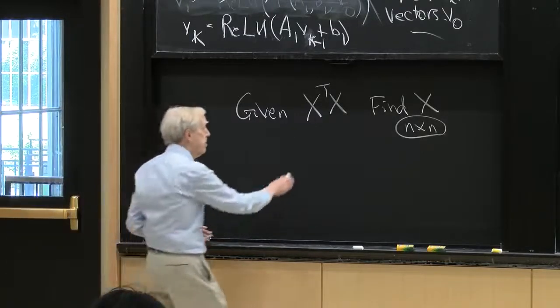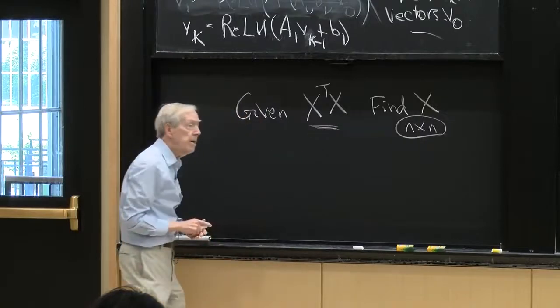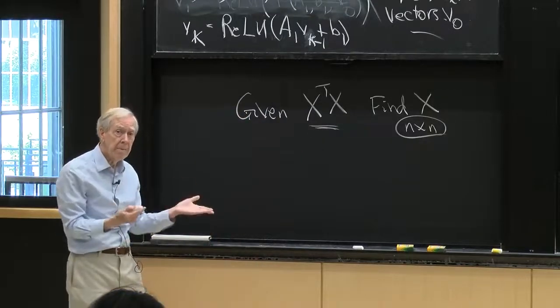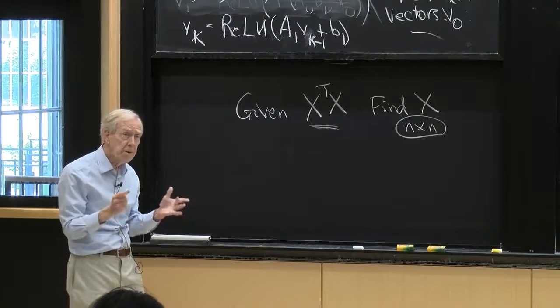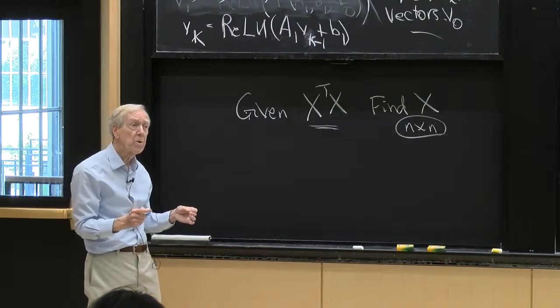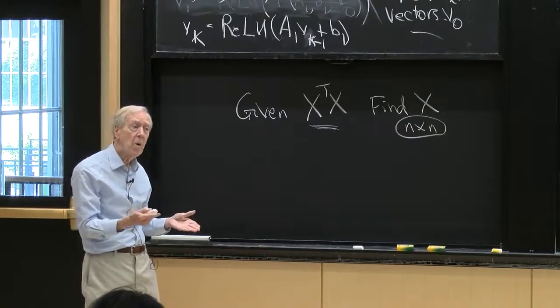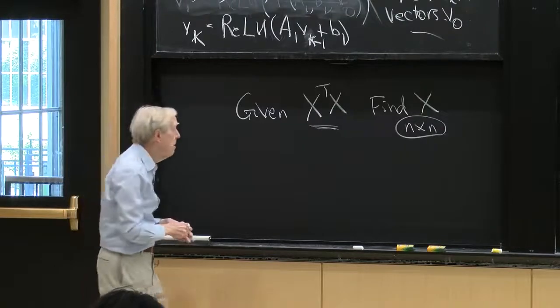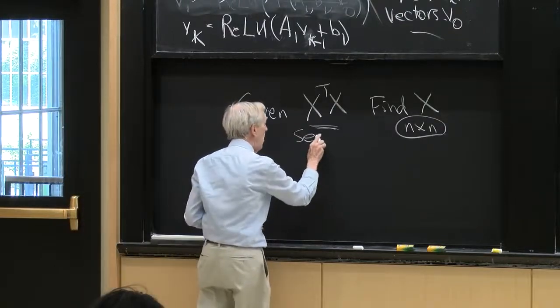What do we know about this matrix? X transpose x? Symmetric, clearly. And what we especially know is that it's also positive semi-definite.